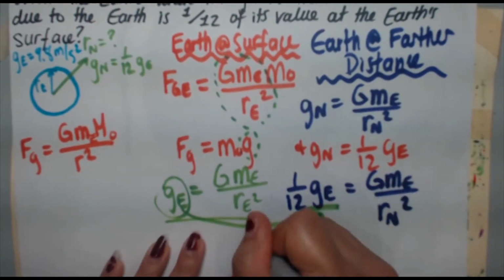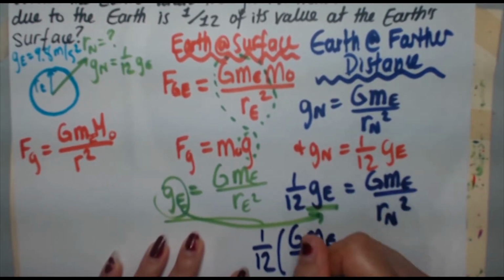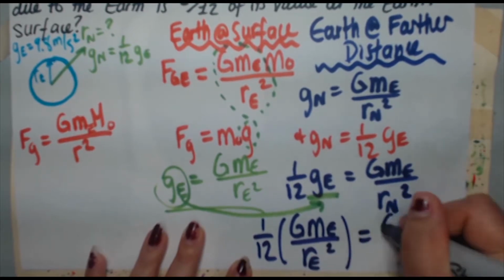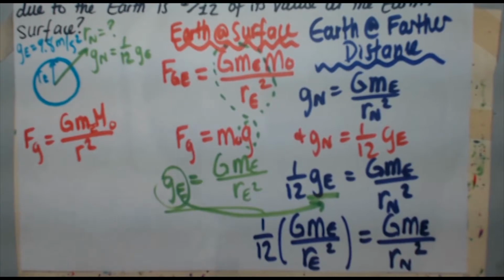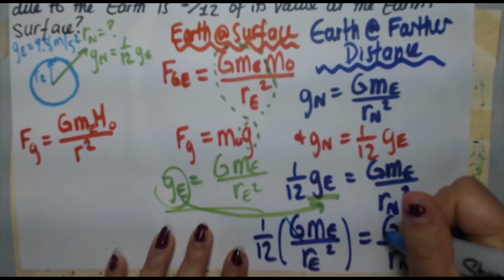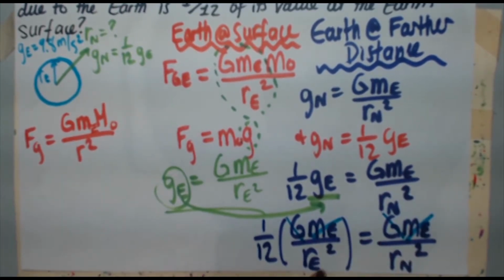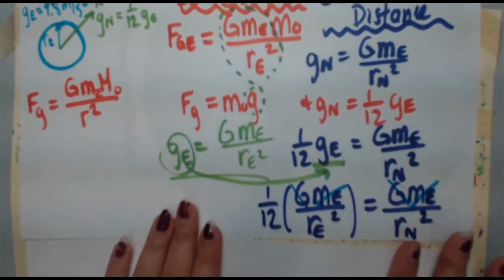So here we go. 1/12 bracket G m_e over R_e squared, close bracket, equals G m_e over R_n squared. I hope you see that there's a lot of things that are going to cancel out now. We're going to cancel the G's, we're going to cancel the masses of the Earth, and we're left with 1/12 R_e squared on the bottom, R_n squared on the bottom. I want to simplify this into a nice expression with everything in the numerator, and luckily for me it is going to work out like that.